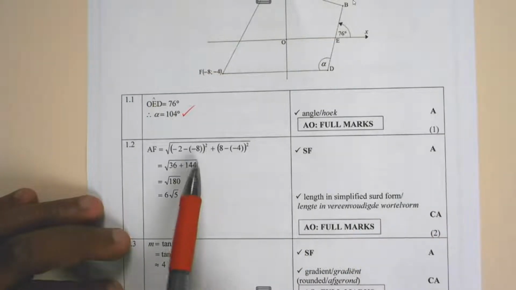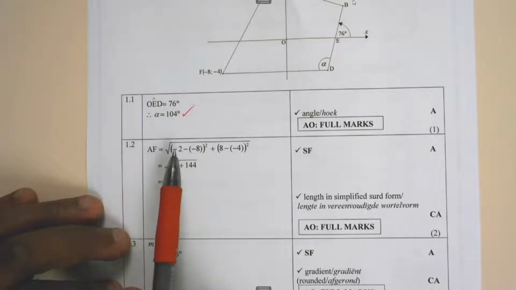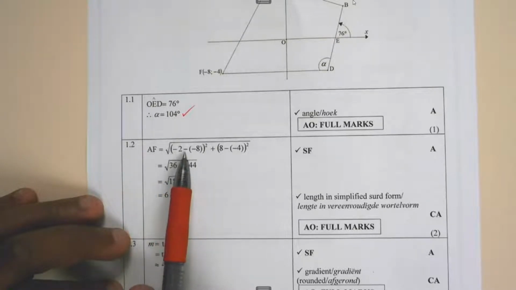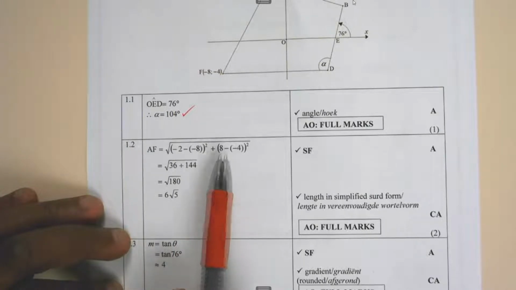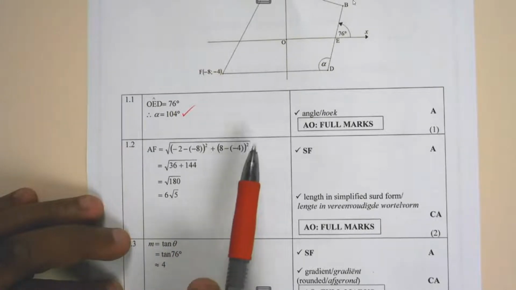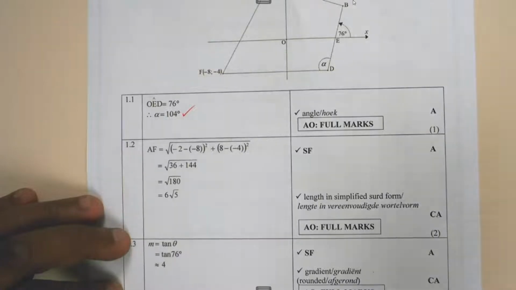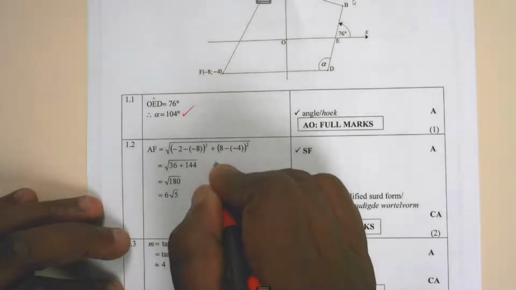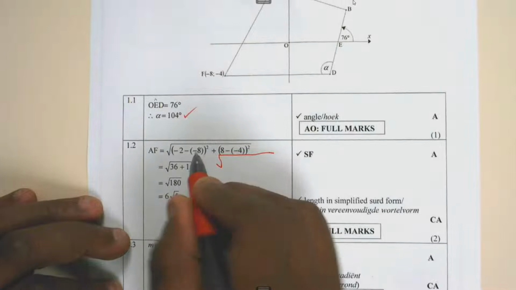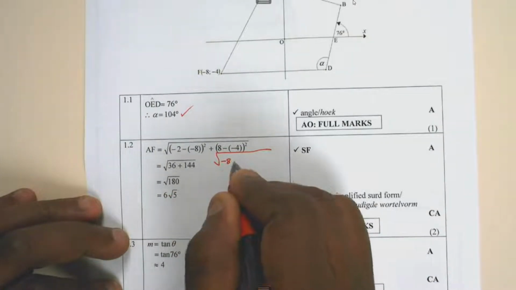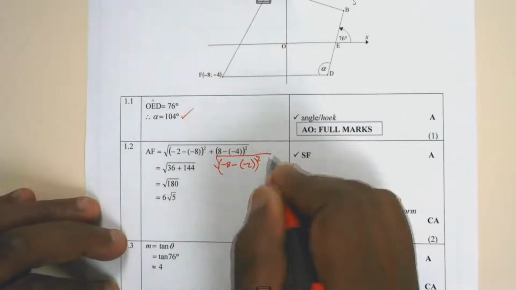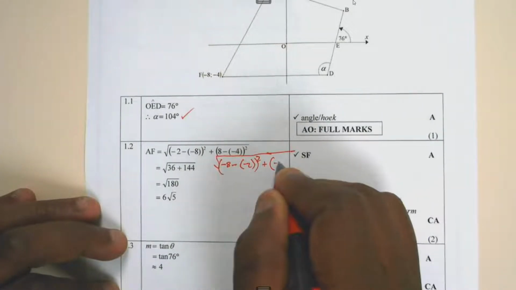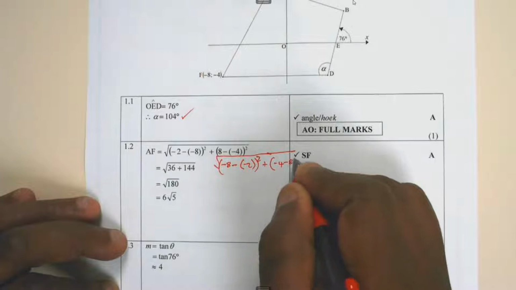But saying it's an accuracy mark, check, colleagues, you have -2 minus into -8 all squared plus 8 minus into -4 all squared. You might find instances where learners start with -8, then come to -2, which is squared, and then plus, you can have -4 minus 8 all squared.